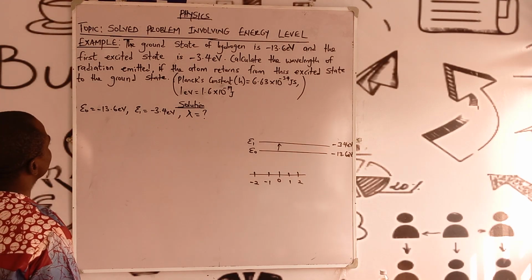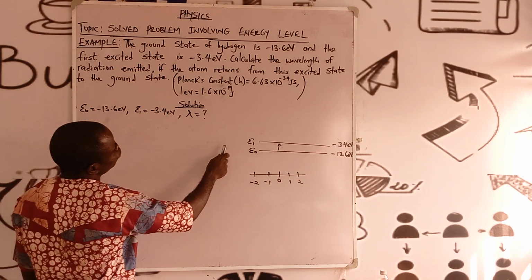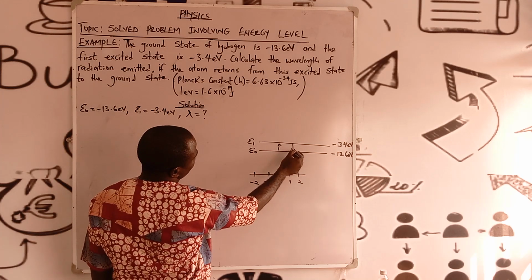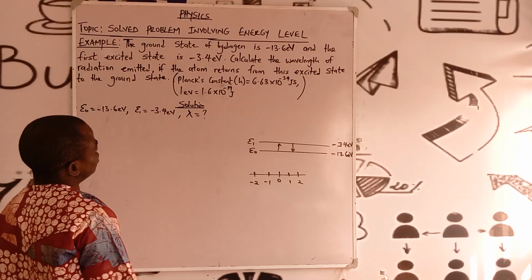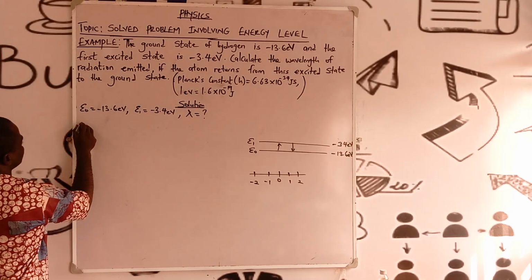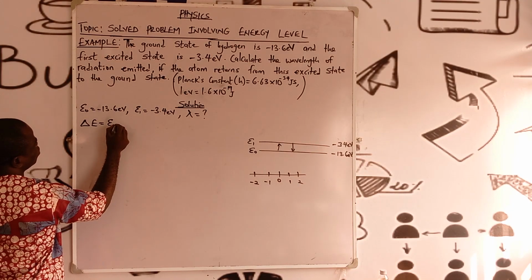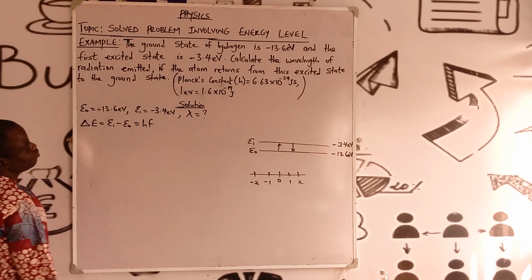Calculate the wavelength of the radiation emitted if the atom returns from this excited state to the ground state. I'll give you the Planck constant, and don't forget change in energy equals E1 minus E0, which is equal to hf.